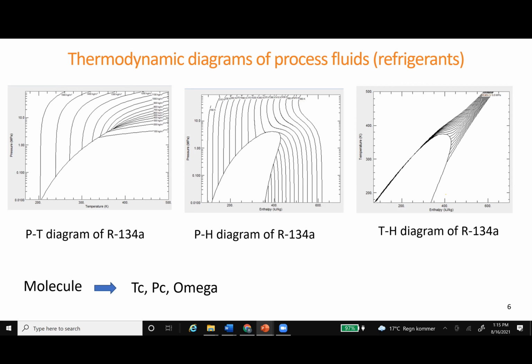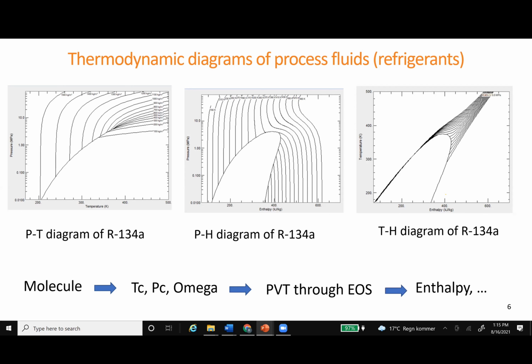So if one has the TC, PC, omega, one can use an equation of state, like a cubic equation of state or non-cubic equation of state. An equation of state, by definition, will give the PVT relationship. So in order to use an equation of state, we need the critical properties.